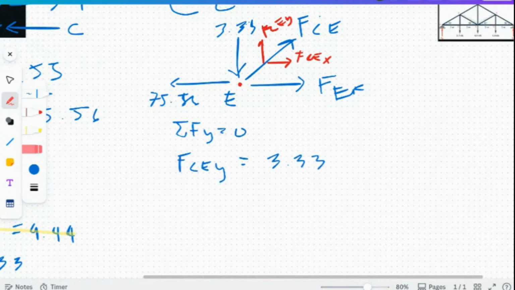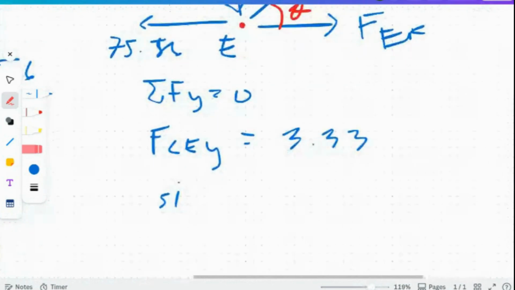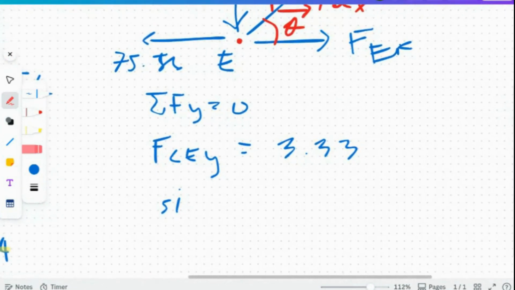Now, is that the answer? Not yet, because FCEY is a component. We need to first solve for the actual force, FCE. FCEY is a force going up, and we have an angle here, so we use sine theta to get the relationship of FCEY and FCE.